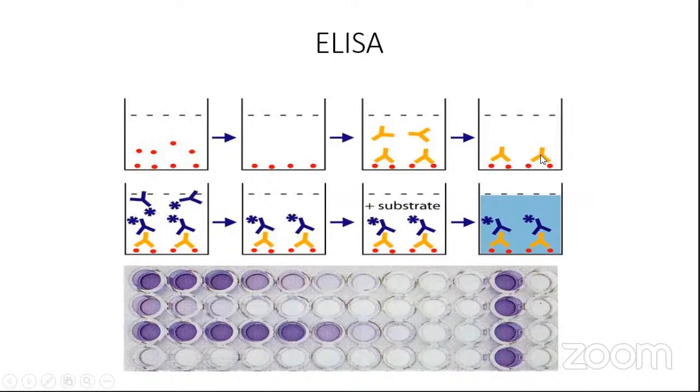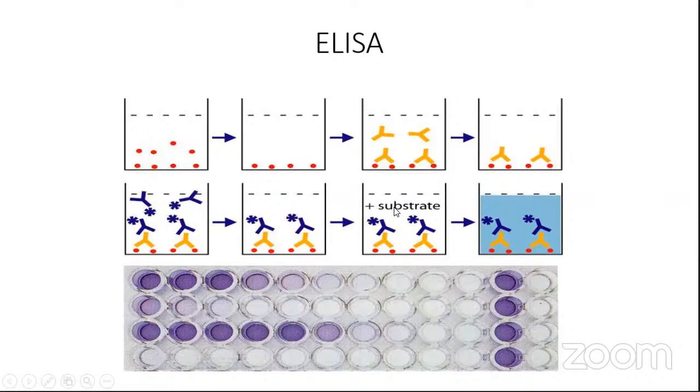To this bound antibody, you add a conjugate. This conjugate is nothing but an antibody against this antibody, tagged with an enzyme. Once again, you do a washing procedure to remove the excess antibody conjugate, and later you add a substrate.